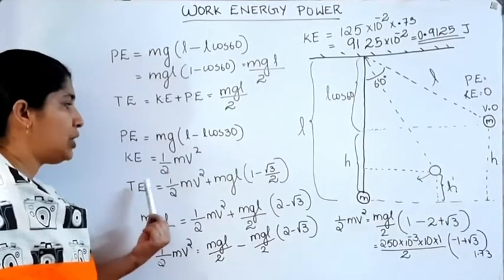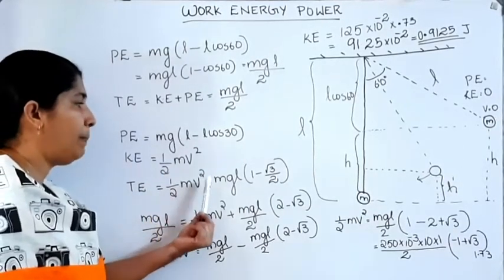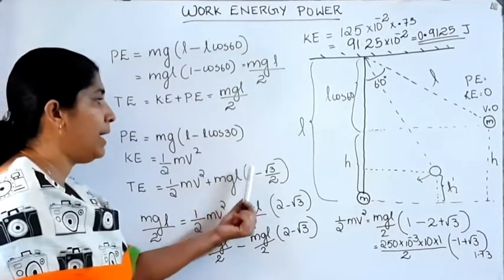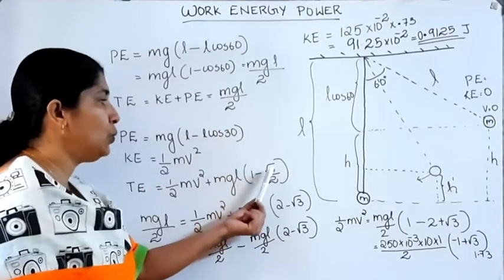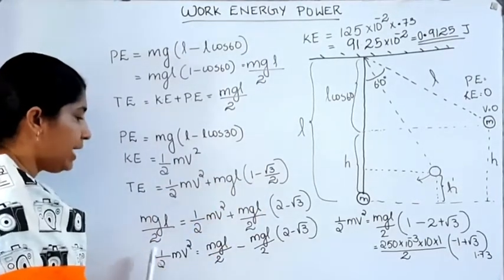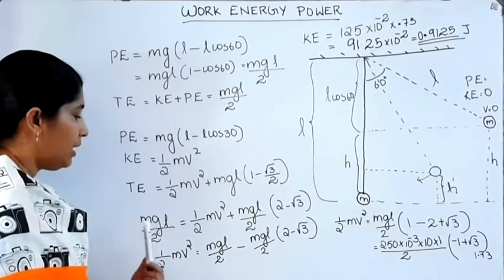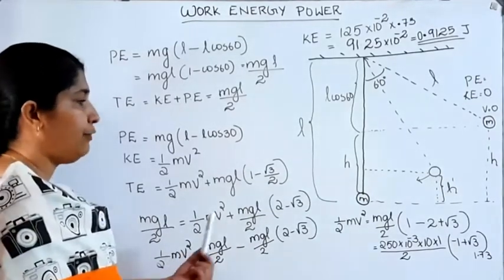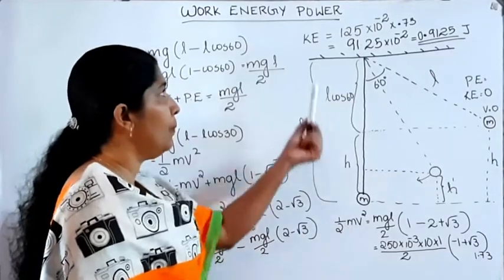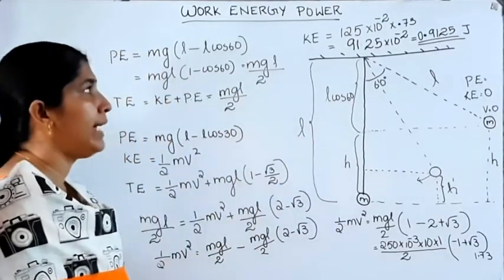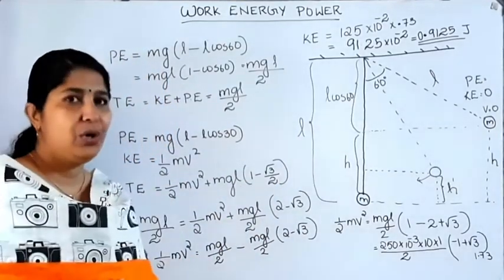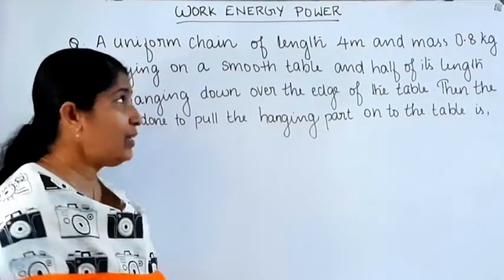Then total energy is half mv square plus mgl into 1 minus cos 30, where cos 30 is root 3 by 2. Then we can rearrange this equation, and the kinetic energy half mv square is equal to 0.9125.